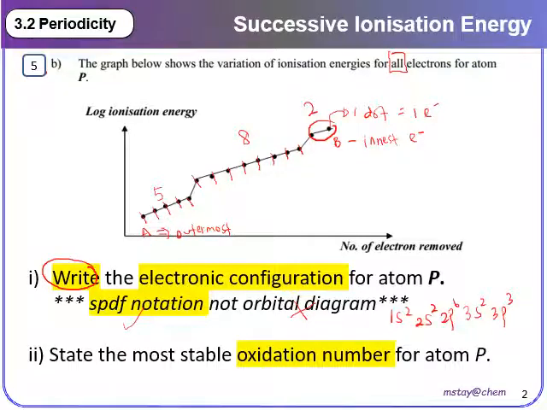Next part of the question, state the most stable oxidation number for atom P. So 3p3 means that the atom needs to gain 3 electrons to achieve a stable octet electron arrangement.